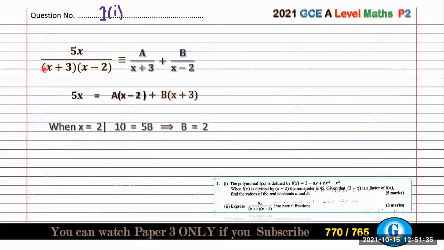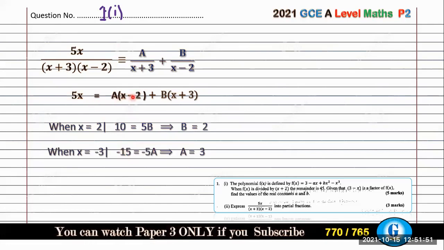Now we use the other factor x plus 3, equate to 0, and solve for x. We'll have x equals minus 3. So what will happen when x is equal to minus 3? When x equals minus 3 and we substitute in this equation, we'll have minus 3 times 5 is minus 15, is equal to minus 3 minus 2 is minus 5 times A, minus 5A's. And this other part, we have covered up because it disappears.